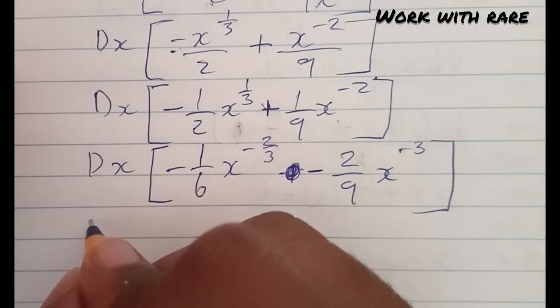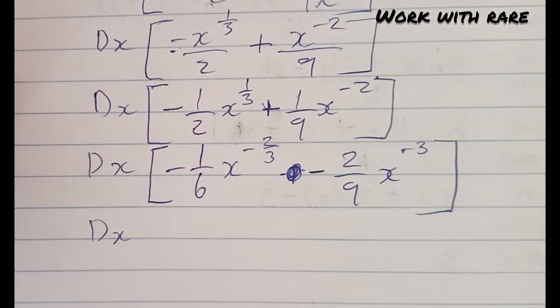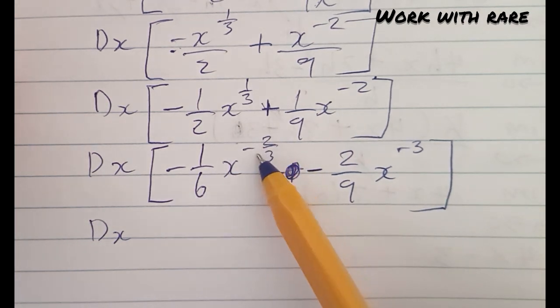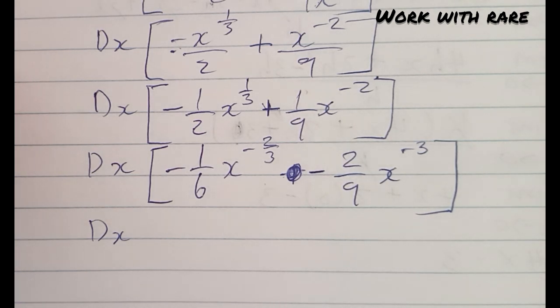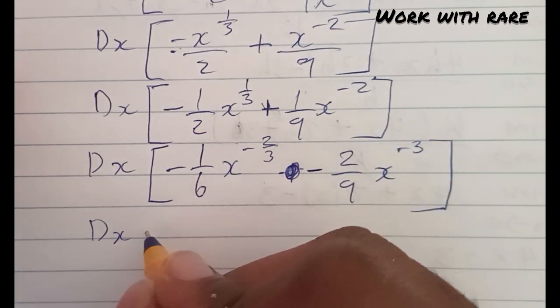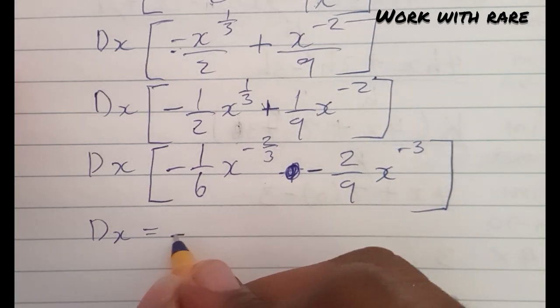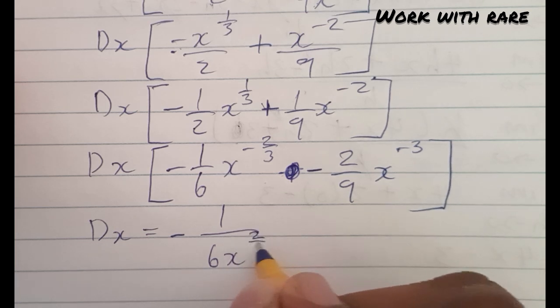For the next one now, I can't leave my answer like this. Remember, if it was a positive value here, my x was going to be on the numerator. Now it will be on the denominator. Which means now I can remove my bracket. I can say, okay, now I will have negative 1 over 6x to the exponent 2 over 3.